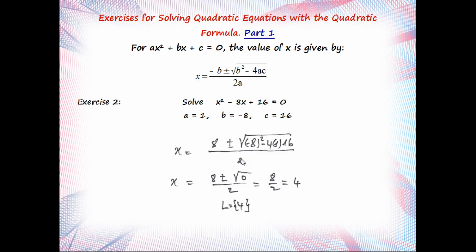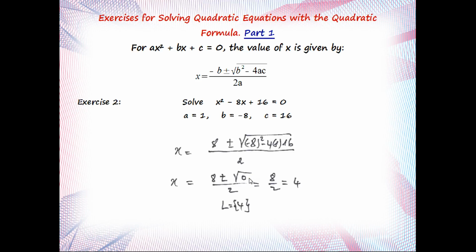This is equal to 8 plus or minus the square root of (−8)² = 64, minus 4 times 1 = 4, 4 times 16 = 64. So this equals 64 − 64 = 0.